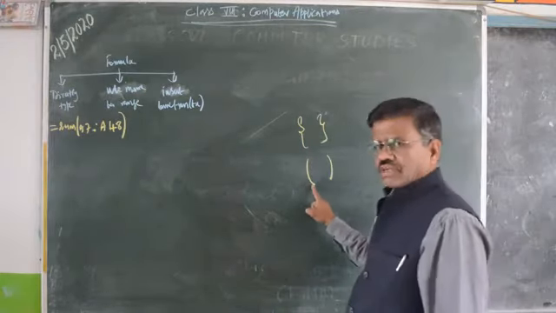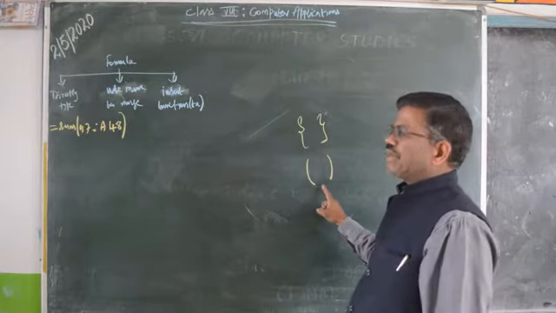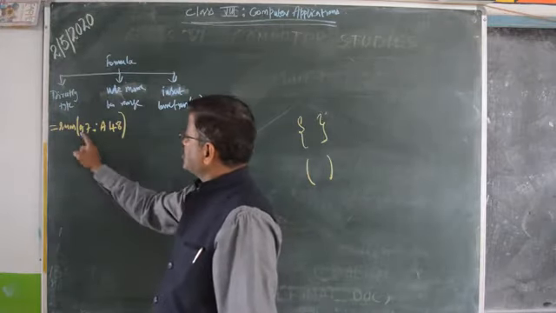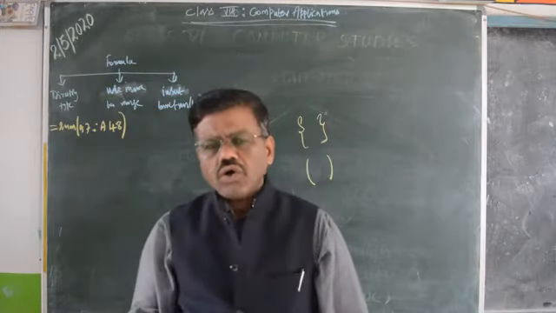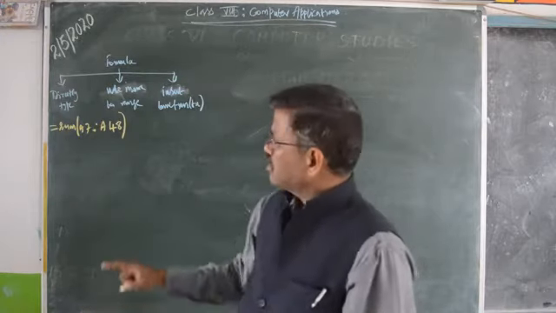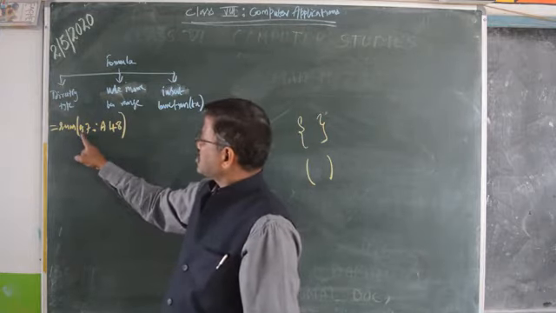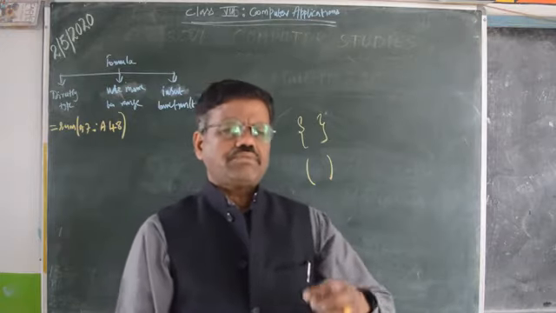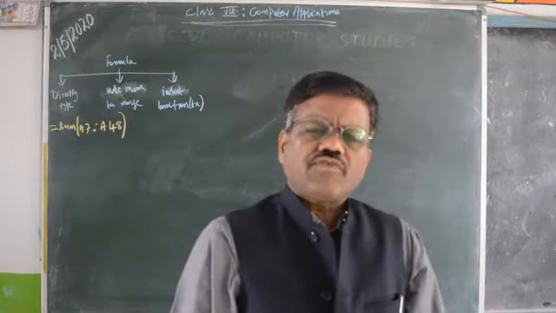Correctly, the name is parenthesis. So the range has to be given within the parenthesis. This is known as an argument or parameter of the function. So this function will work from the starting range to the ending range. Like sum, average, minimum, maximum, count, very many varieties of functions are there.